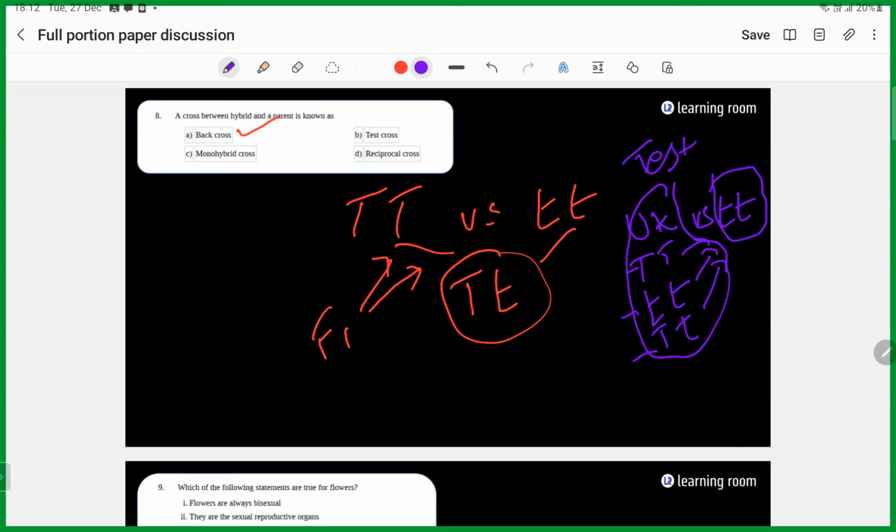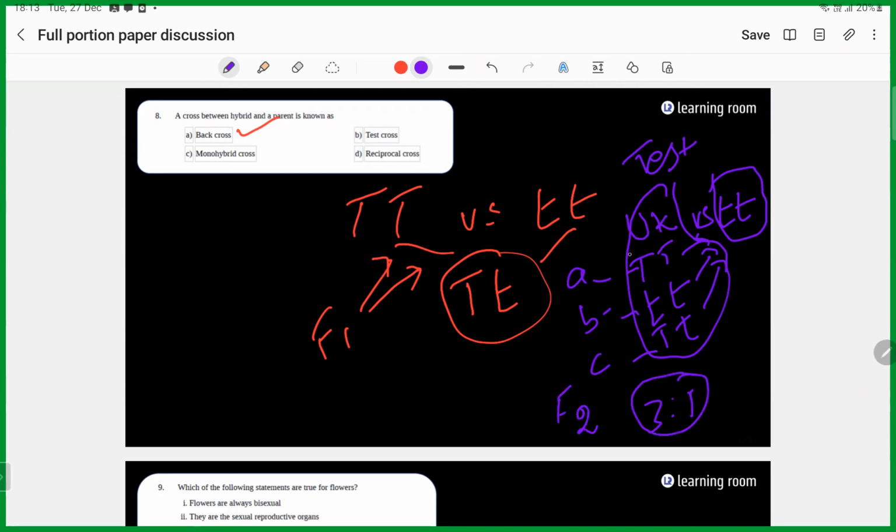It depends upon the phenotypic ratio we get. For example, you get the phenotypic ratio of 3:1. This is A, this is B. This is the answer you get after the cross in F2.